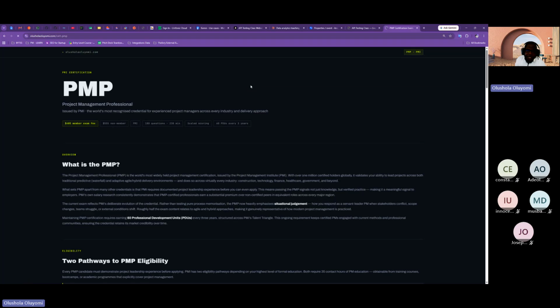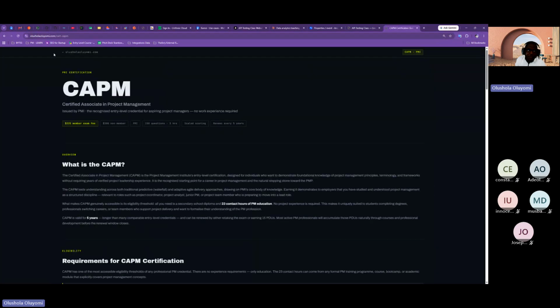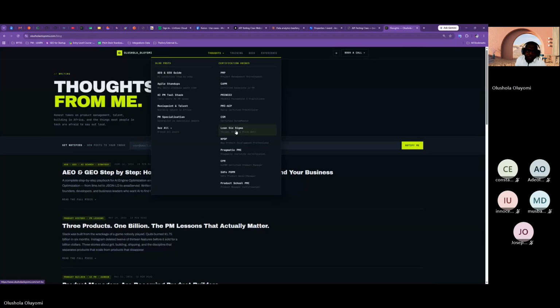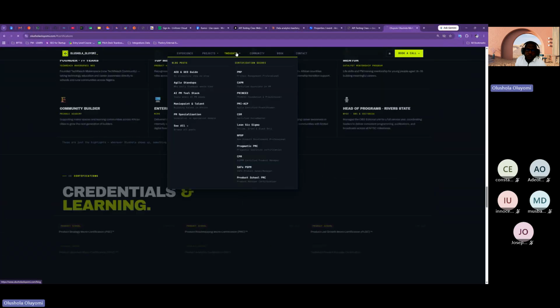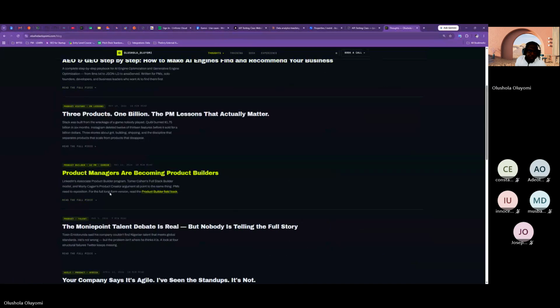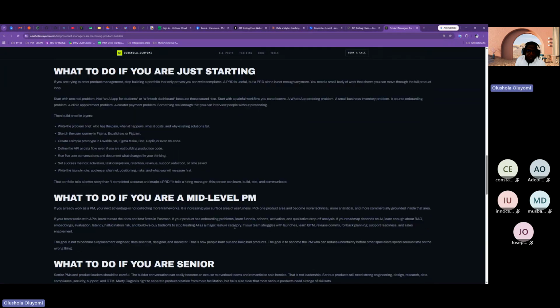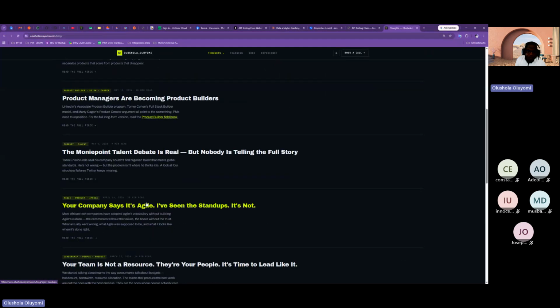Certification page. I rushed this, so I'm not sure if the integration is done correctly. But yeah. Back to all certification. Product managers are becoming product builders. Let me open another one.